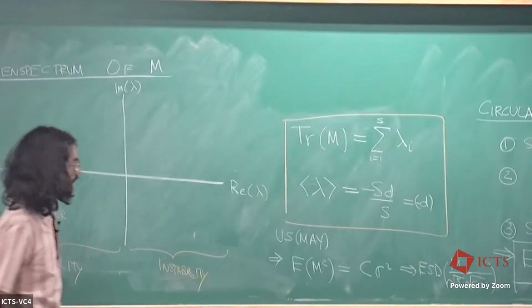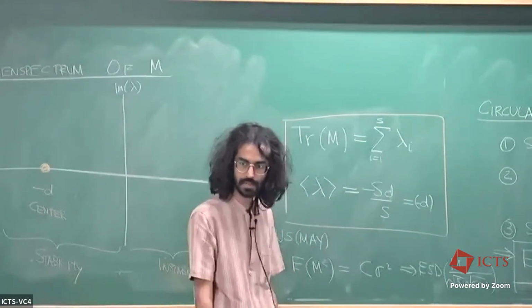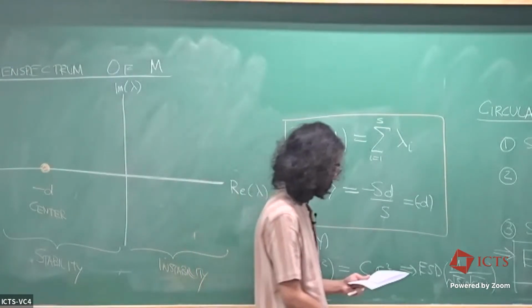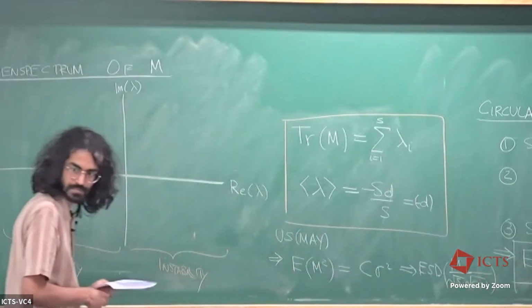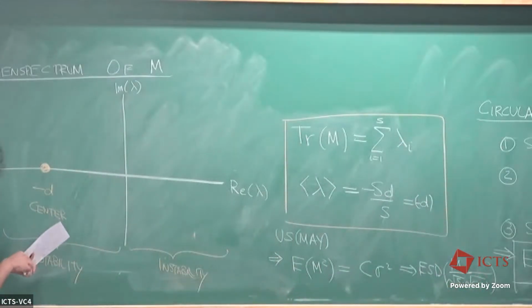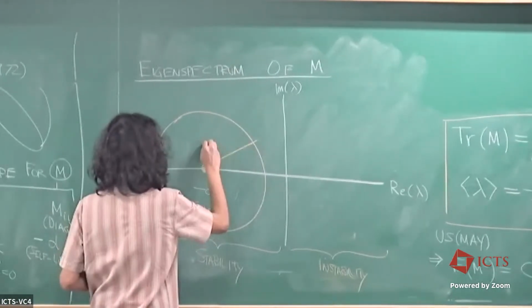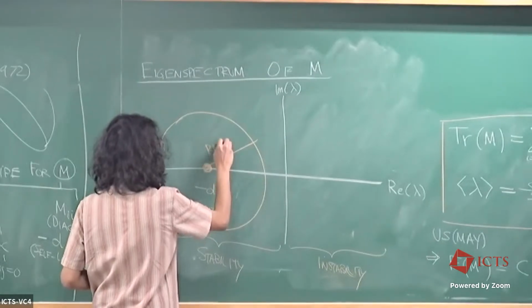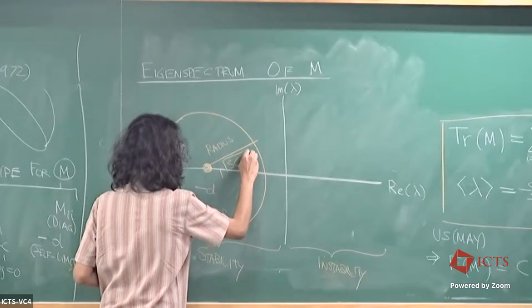And so if you wanted to care about the full thing, that's going to be a circle with radius what? Root S C sigma square. So in our case, what we end up with is a circle with a radius root S C sigma square.